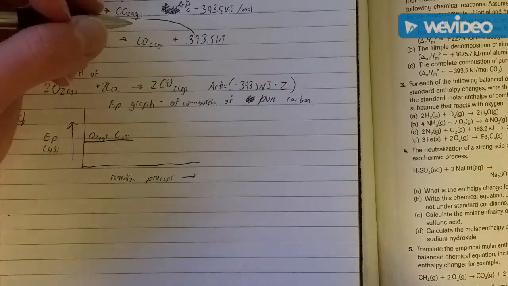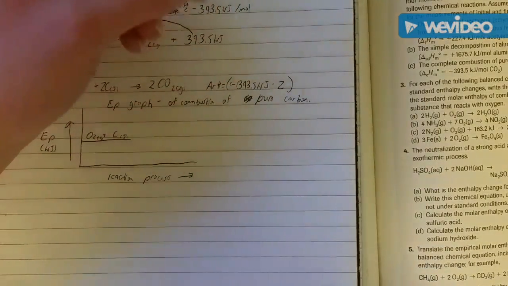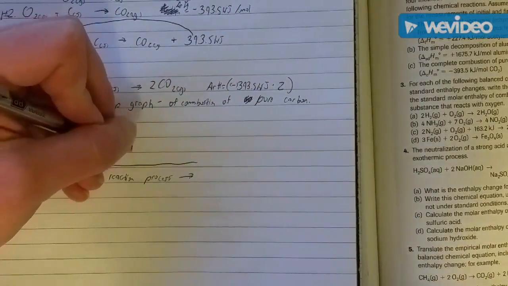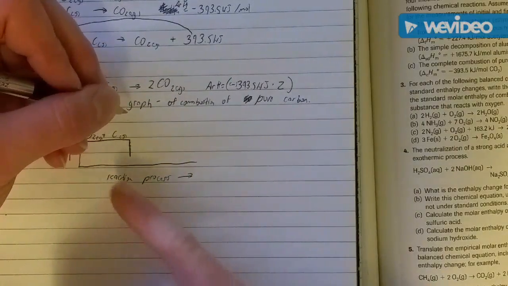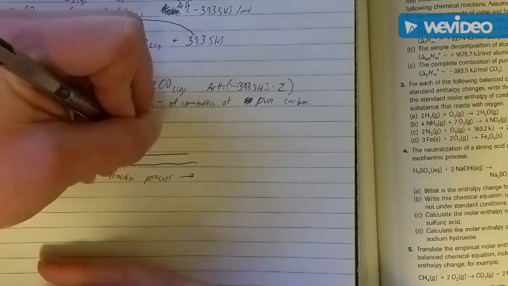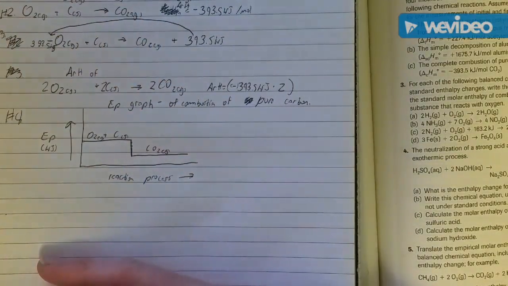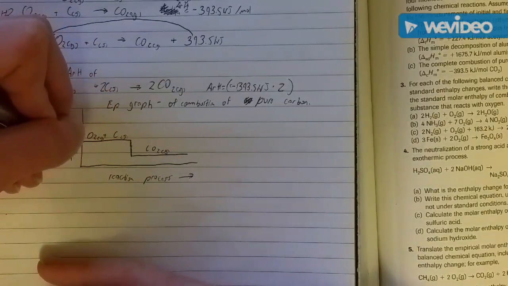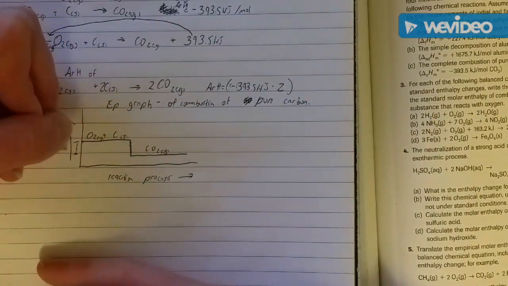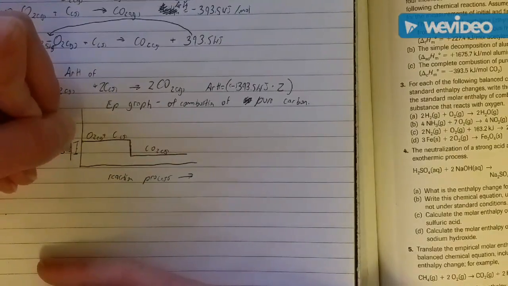Since this is exothermic, because of this negative, we'd show our products below our reactants, to be CO2 gas. This part would be 393.5 kilojoules.